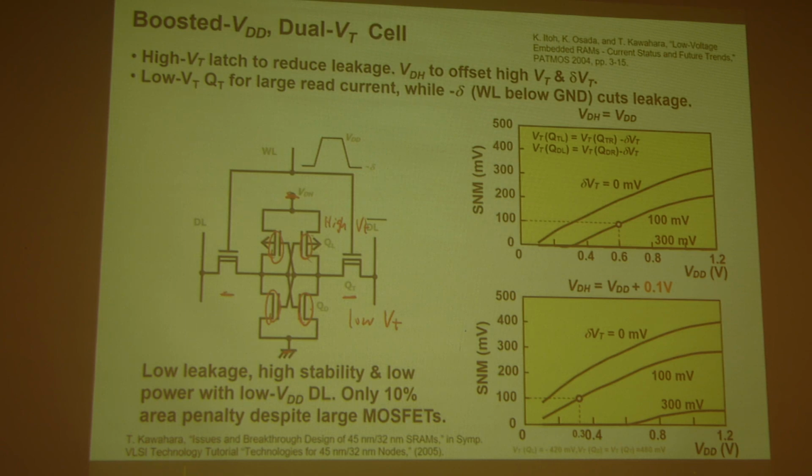So there are many techniques to play with for the SRAM circuit design. And the dual supply voltage is very common these days for the advanced SRAM cell. This slide is for the hold operation, but even in the write operation these days, people use dual supply voltage as well.